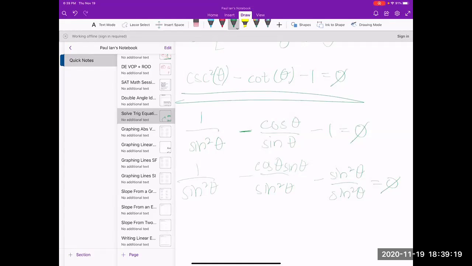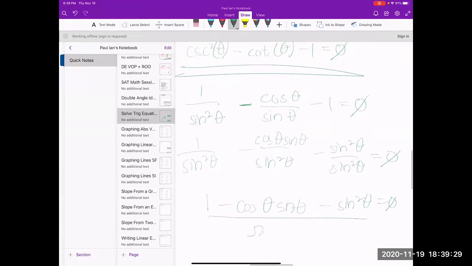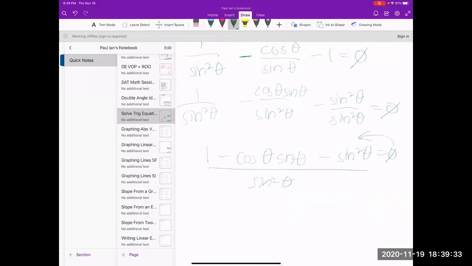So the numerator is going to be 1 minus cosine sine minus sine squared theta equals 0 over sine squared. But it doesn't matter, because you want it to be equal to 0.